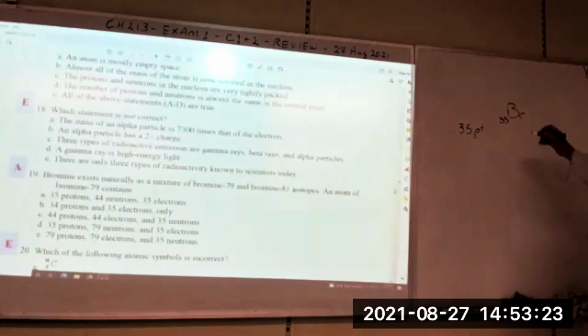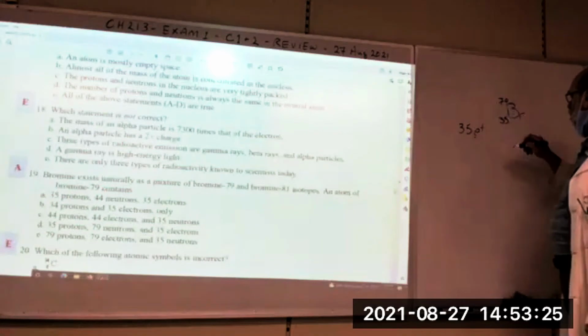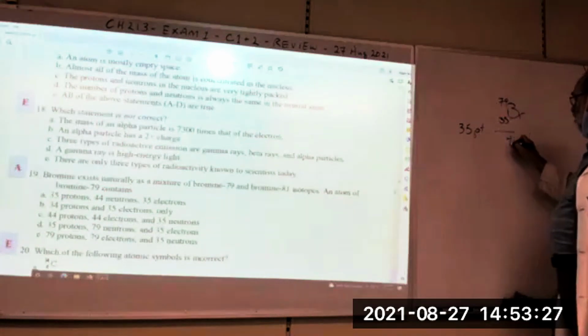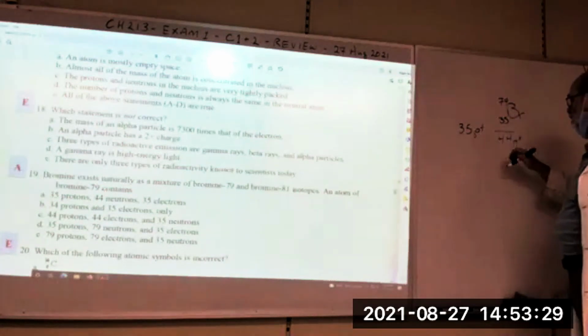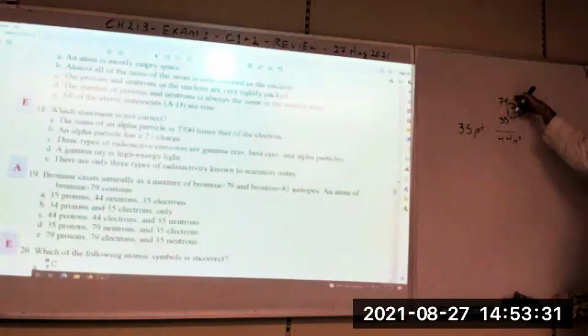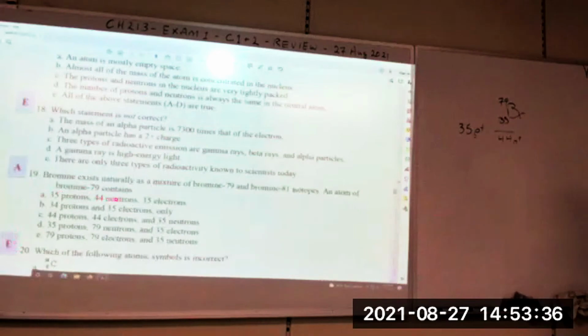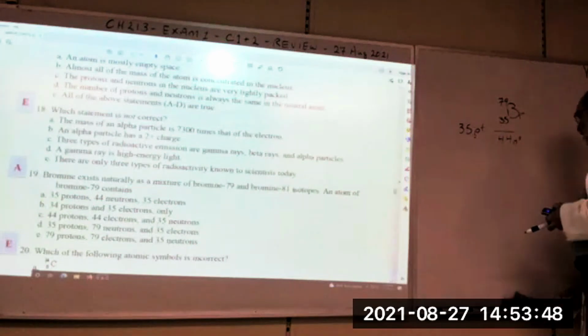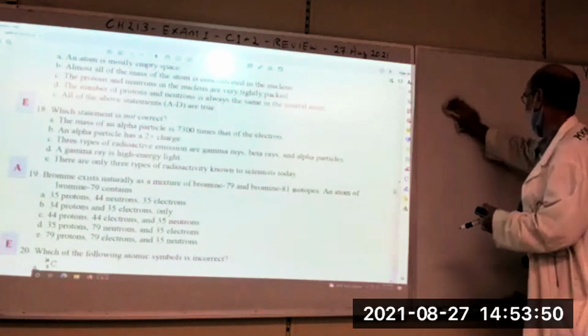Well, if it's 79 here, neutrons would be 44, correct? Mass number minus protons is neutrons. So 44 neutrons, 35 electrons. It's A. If it's a neutral atom, the electrons and the protons are equal. All right.